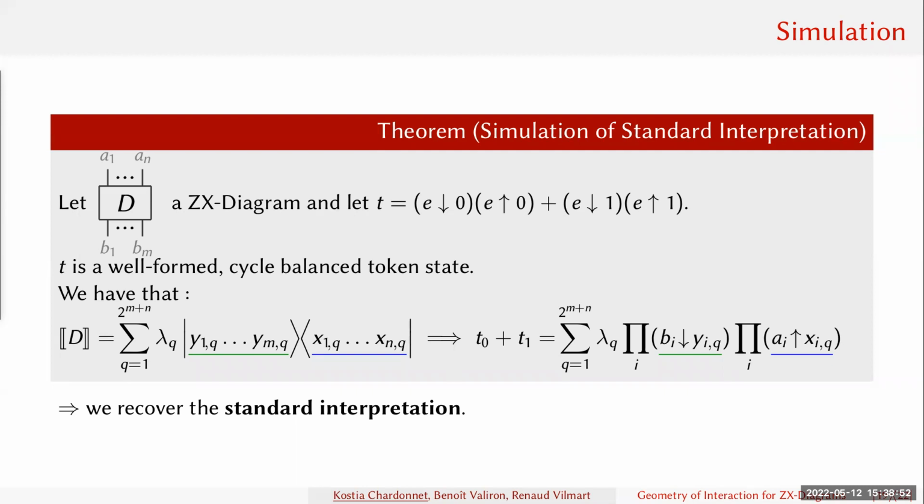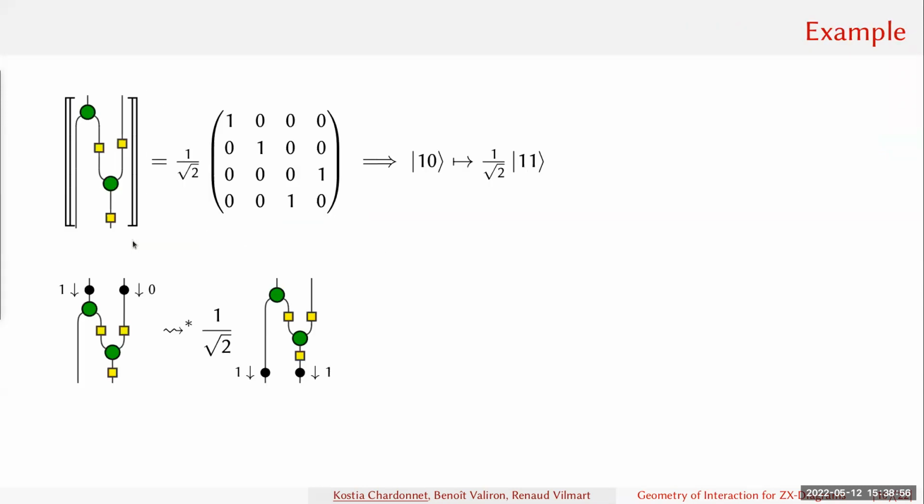Let's say the wire you take to compute the whole semantics is the one on the left, the one where you have a 1.